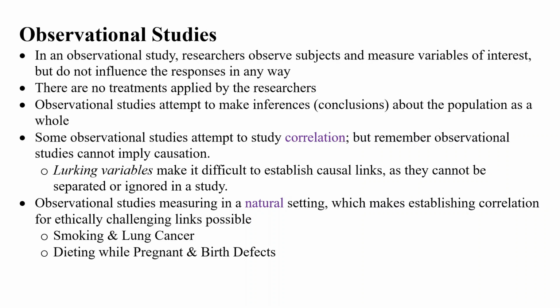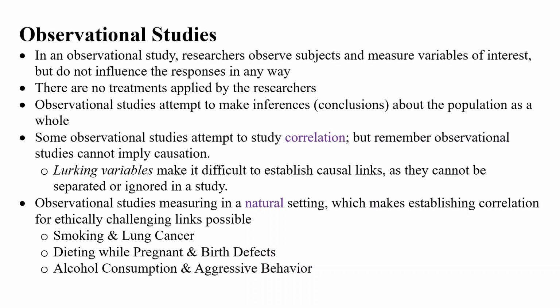So when you see some of these headlines establishing a correlation, like dieting while pregnant and the result of birth defects, or how consuming alcohol leads to more aggressive behavior, when you're seeing studies making this correlation between what they're observing, that's because a lot of the time they just don't have a choice.